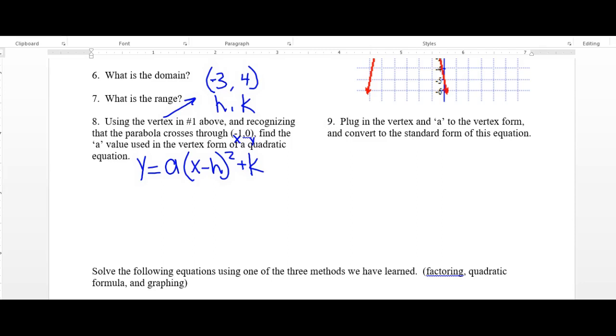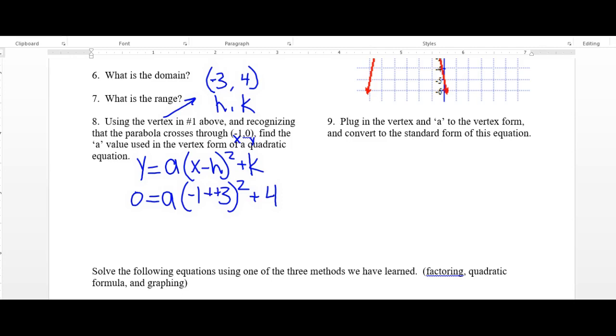Y is 0. We plug that in there. 0 equals a times (x, which is -1, minus h, which is -3) squared plus k, which is 4. We got minus negative, that changes there.